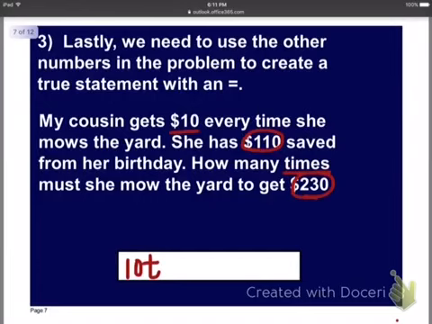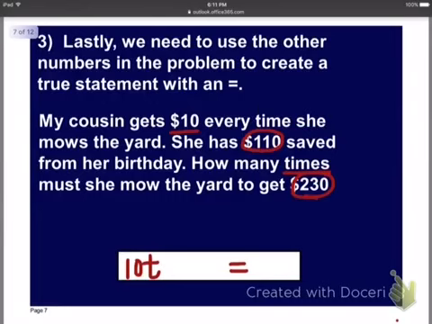In order to make this an equation, it has to have the equal sign. That means that what is on the left side of the equal sign is completely equal or the same as what is on the right side. Right and left, equal to each other. I think I said that right.